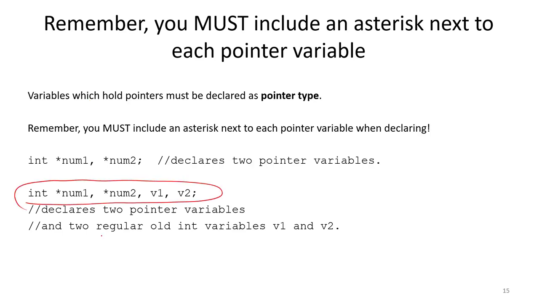So in this example, if I say int asterisk num1 asterisk num2, these are both declared as pointer type. But notice v1 and v2, those are going to be regular ints because they don't have an asterisk next to the name. So if you want to declare pointer variables, make sure you include the asterisk next to each name when you declare it.